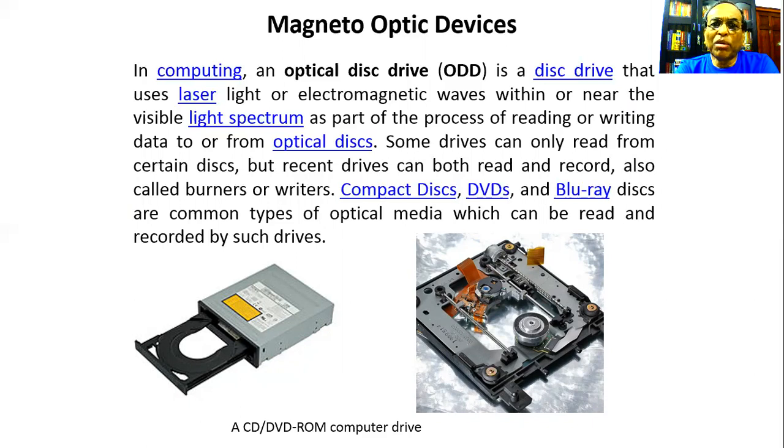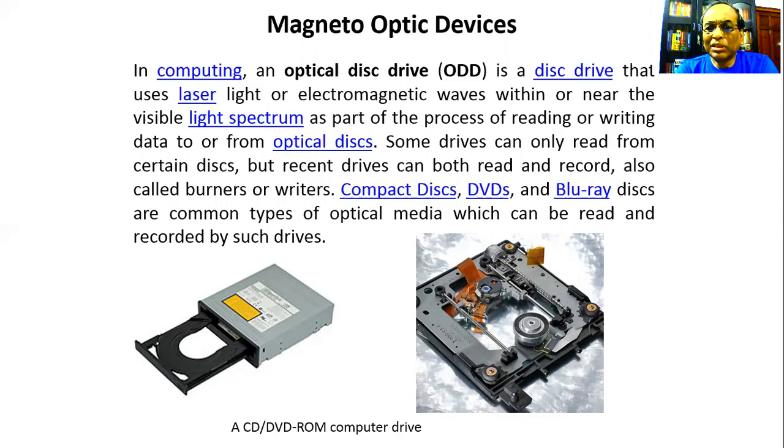In computing, an optical disk drive, ODD, is a disk drive that uses laser light or electromagnetic waves within or near the visible light spectrum as part of the process of reading or writing data to or from optical disks. Some drives can only read from certain disks, but recent drives can both read and record, also called burners or writers.